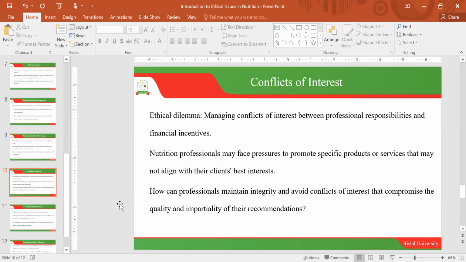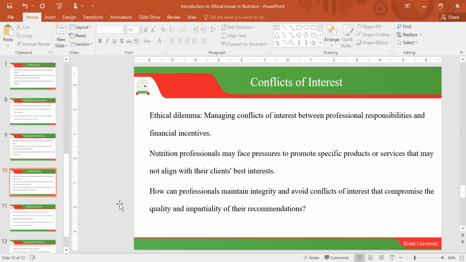So let us say, for example, you are a nutritionist and you're working in your wellness clinic. And then you have this pharmaceutical company that has approached you to sell one of their products.